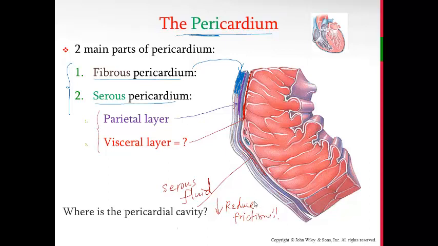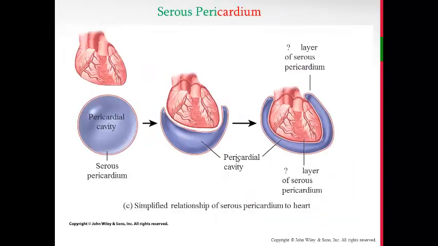Now let's take a look at another name of your visceral layer, because it's going to come up very soon. Well, let's first cover this one then. Our serous pericardium, if you take a look over here, imagine your heart is going to sit in a balloon. Once it sits into it, it has two layers. This layer that's covering the inner side of the heart and the outer layer.